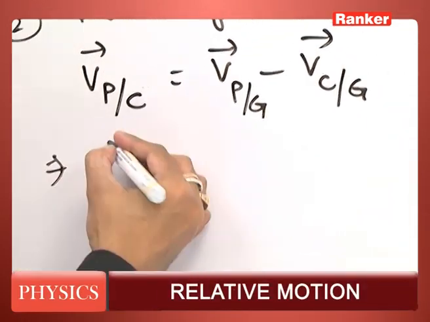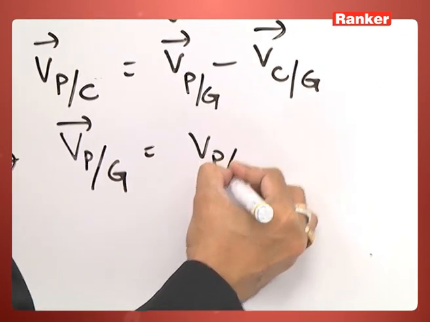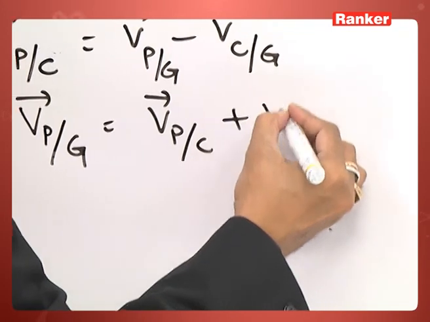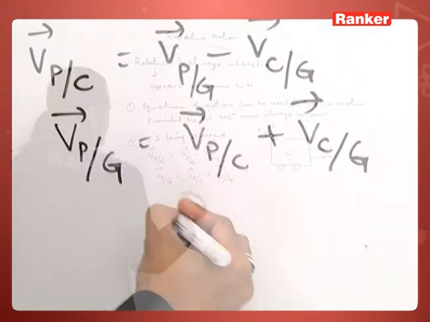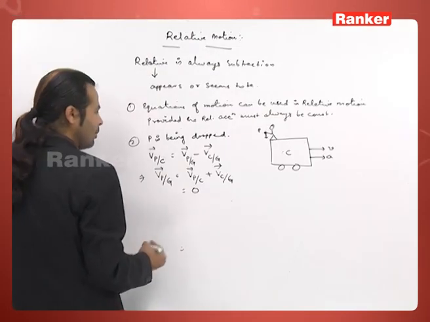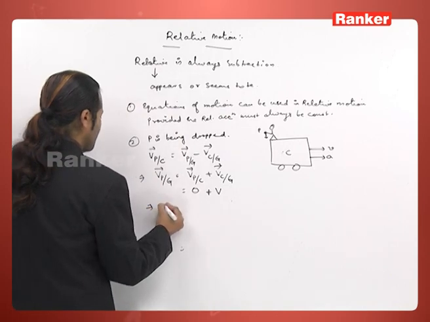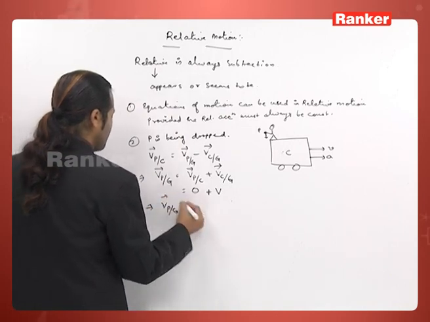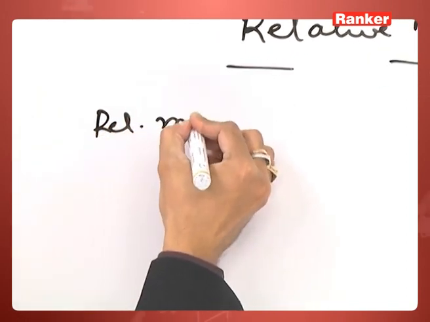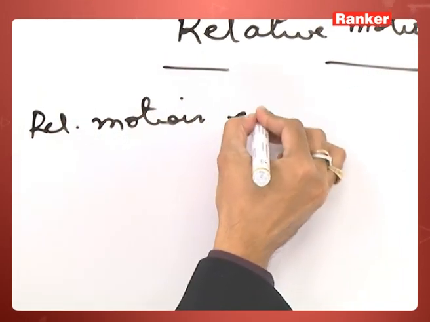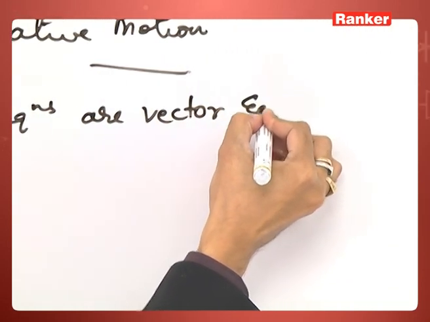Velocity of particle with respect to ground is equal to velocity of particle with respect to car plus velocity of car with respect to ground. Velocity of particle with respect to car is 0, and velocity of car with respect to ground is v. So velocity of particle with respect to ground is equal to v. Relative motion equations are vector equations.